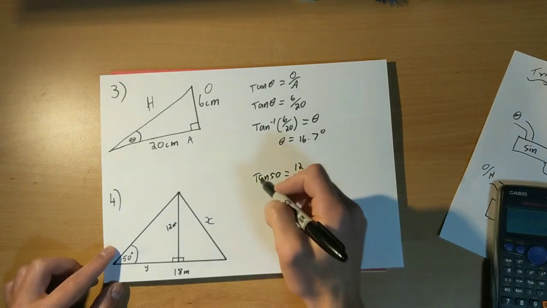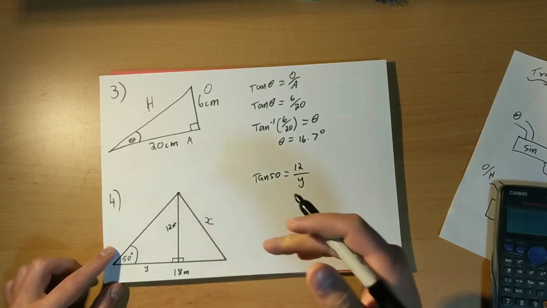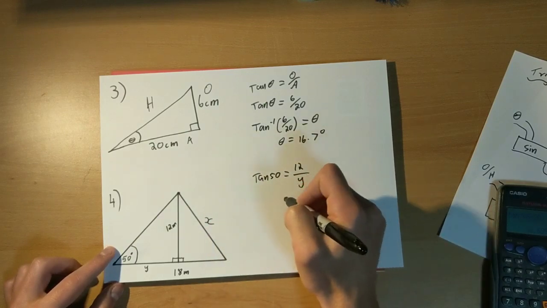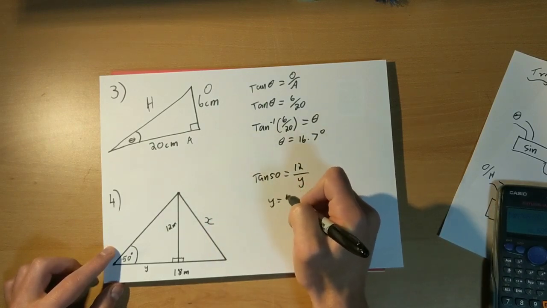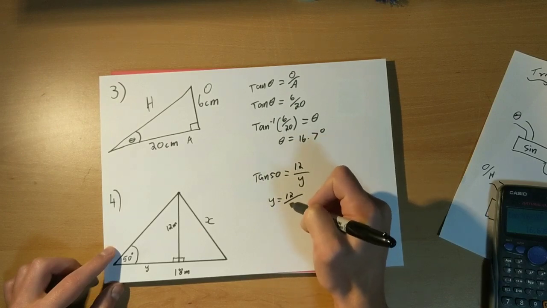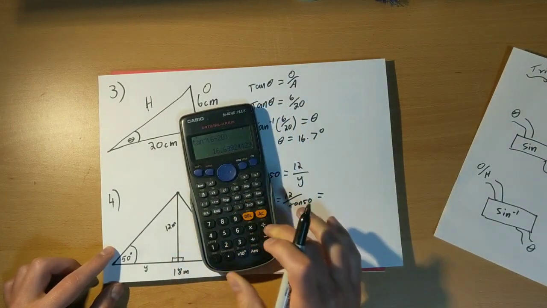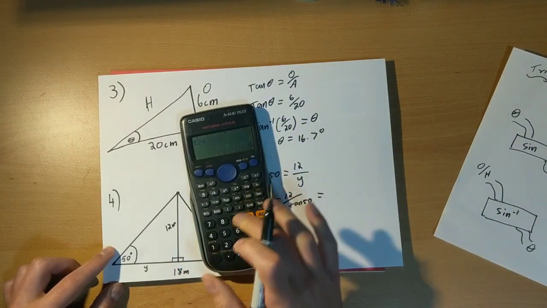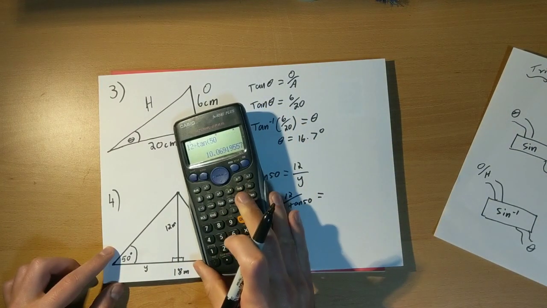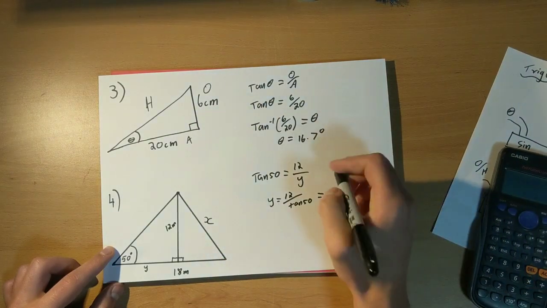I can now rearrange that the same way as I rearranged question 2 earlier to get that y must equal 12 divided by tan 50. And when I put that into my calculator, 12 divided by tan 50, I get 10.07.